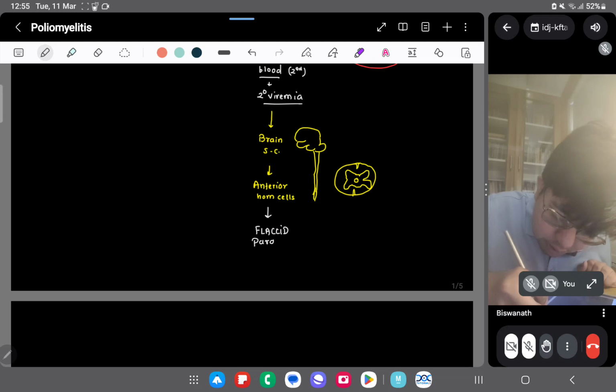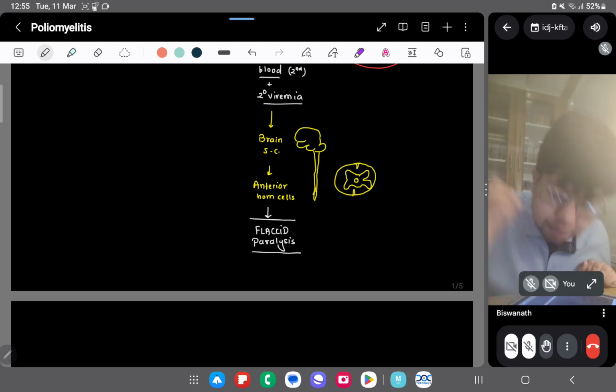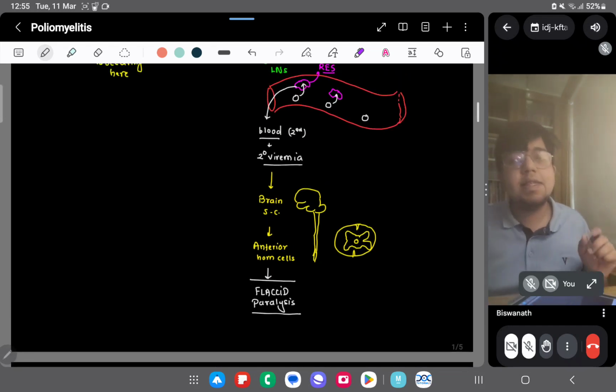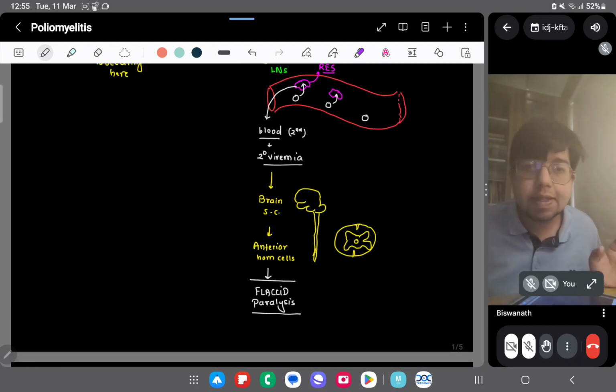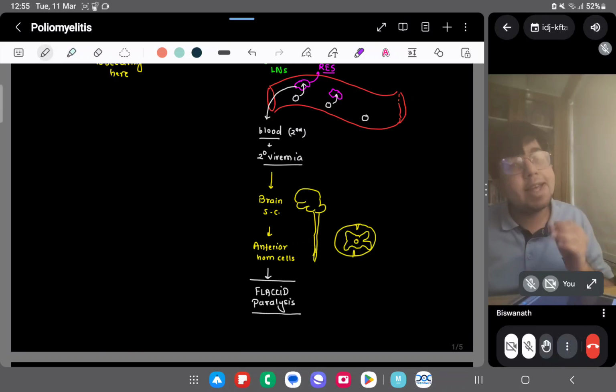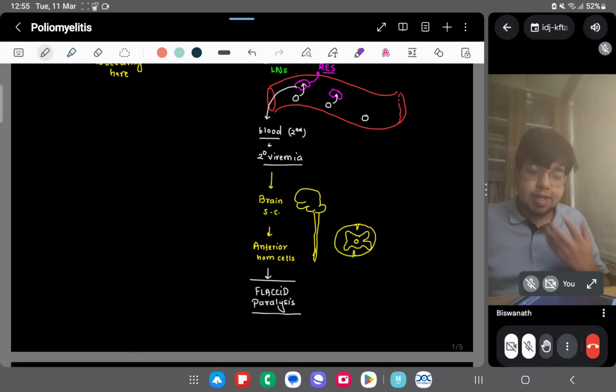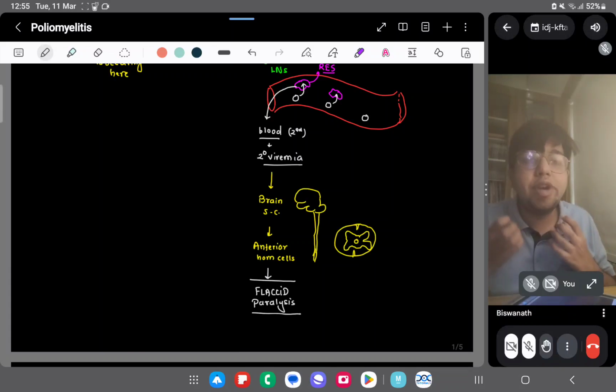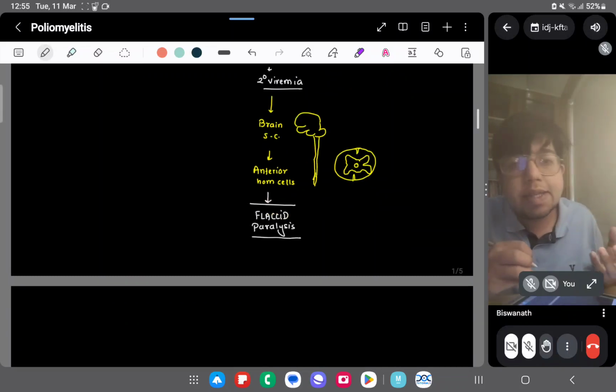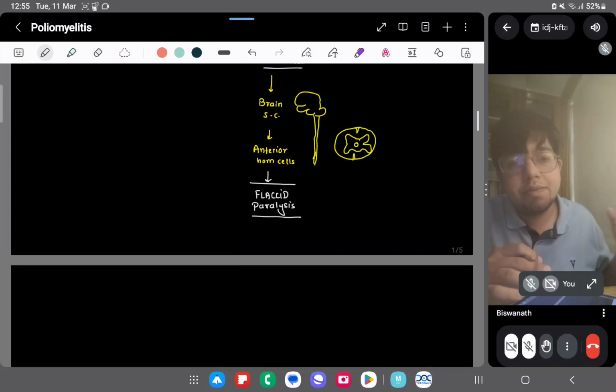Flaccid paralysis. So paralysis is the complication in poliomyelitis. Spastic paralysis is one in which the body is more rigid, whereas in flaccid paralysis, the body is more relaxed, right?